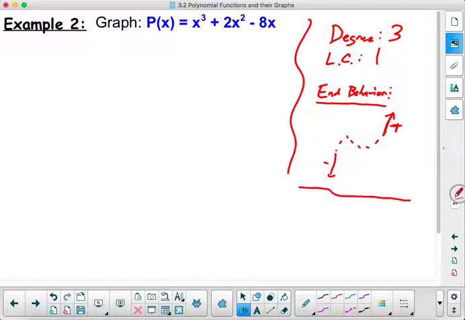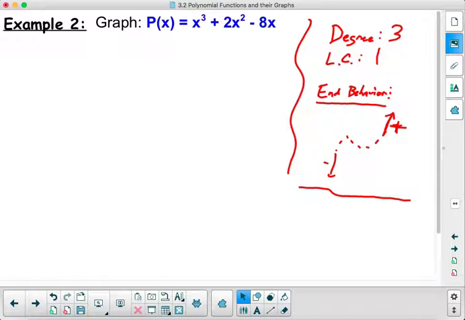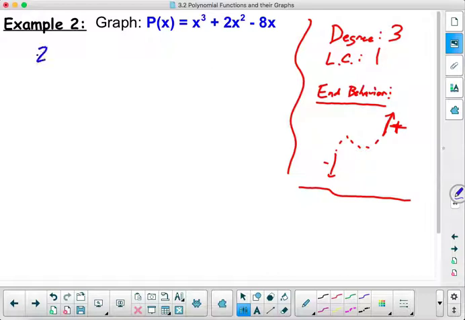Oops, I had to write a negative there. How about a positive, Mr. Roy? Now let's define some more specific details about this than just the general sketch of it. If I want to find zeros, what I need to do is set this equal to 0.